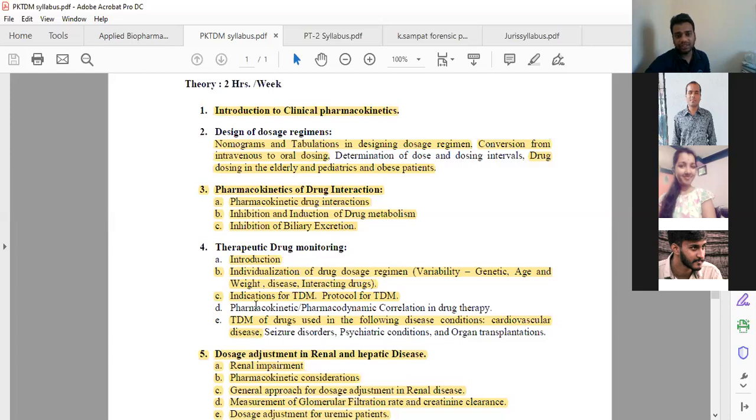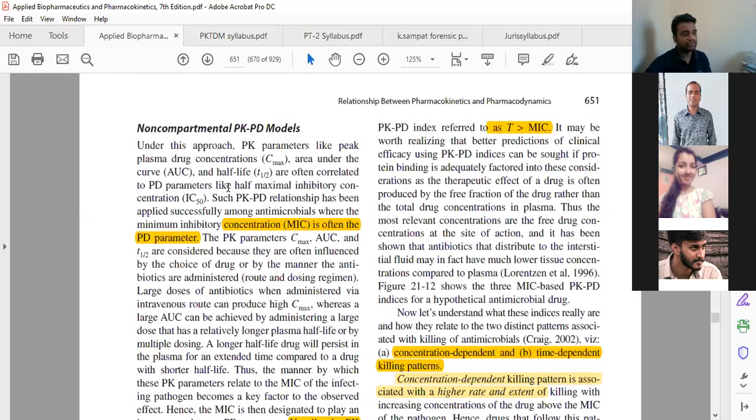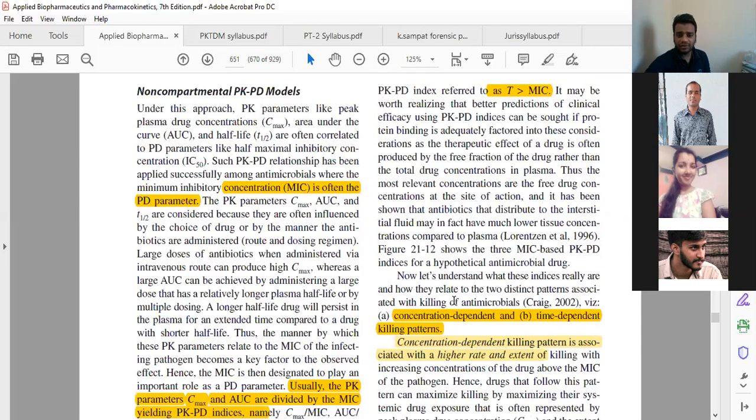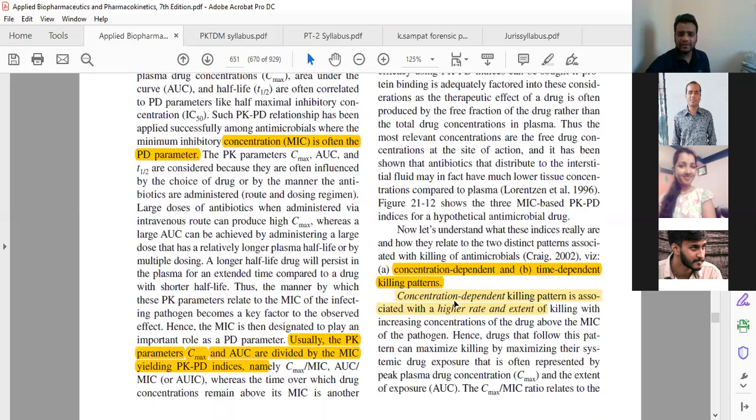In this chapter we are understanding why we do something clinically. You go to the ward, you see they are doing something, but why are they doing it, and how is it related to kinetic parameters? That is what you are learning here. You see that they are giving infusion, but now you understand why and what the effect of that is. This is important for us, the clinical pharmacists, to understand from the kinetic point of view.